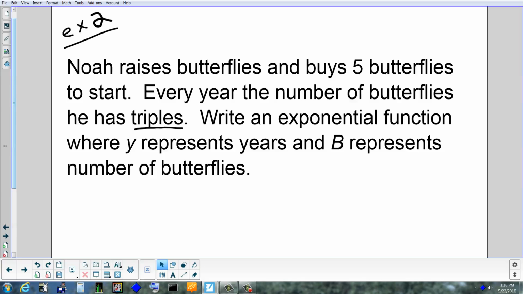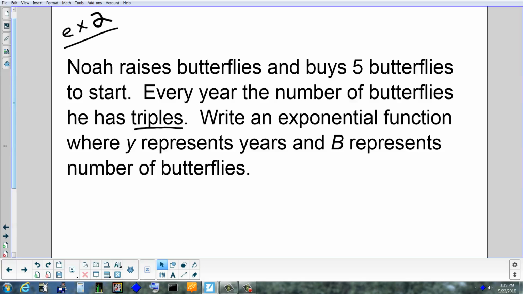What that means is eventually the amount of things is going to go up very fast. So this one says every year the number of butterflies triples. Write an exponential function for this problem.